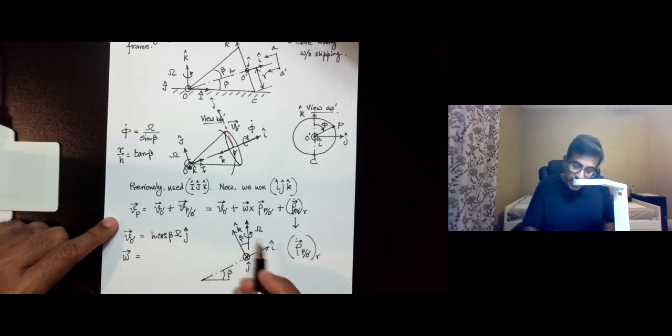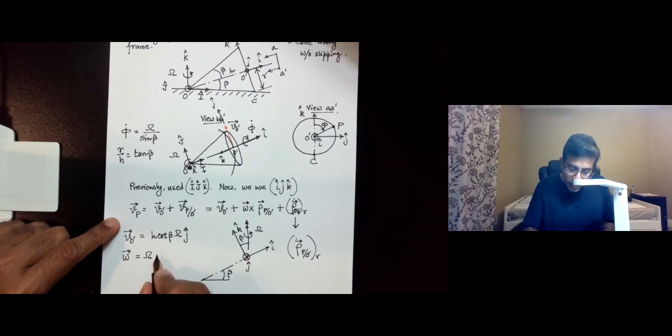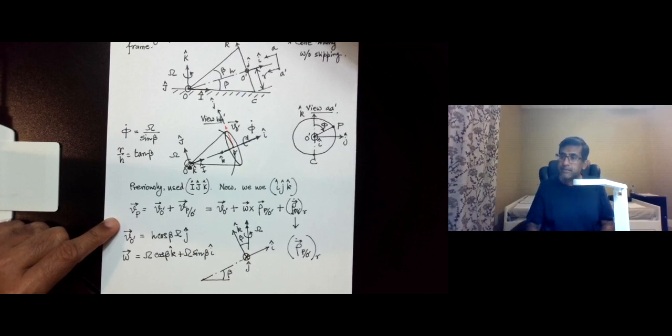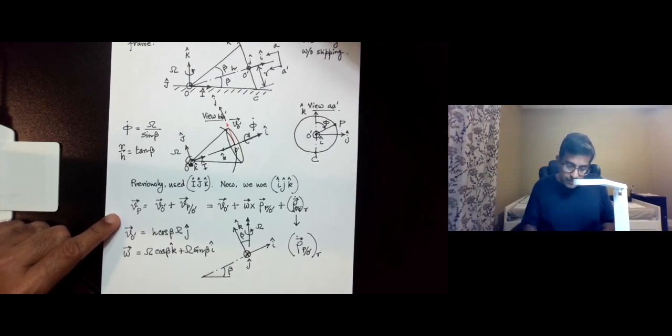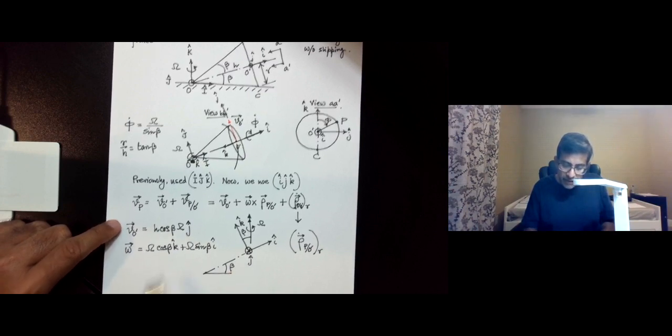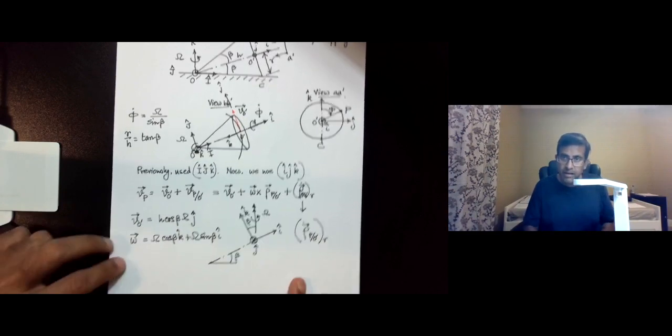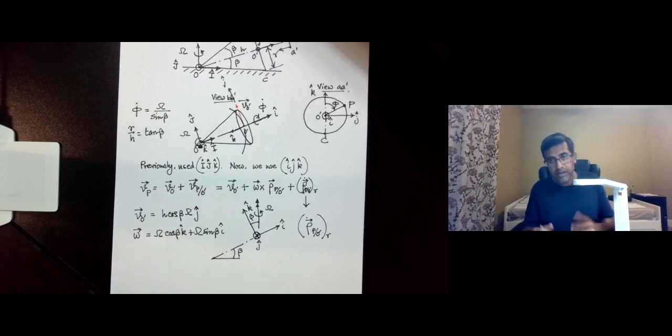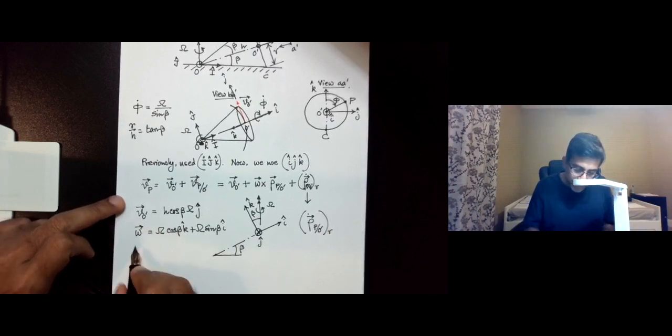So then I have omega equal to the angular velocity omega cosine beta k plus the angular velocity omega sine beta i. Right, so this is my angular velocity vector now. So you see there has been a subtle change because of considering a different rotating frame.